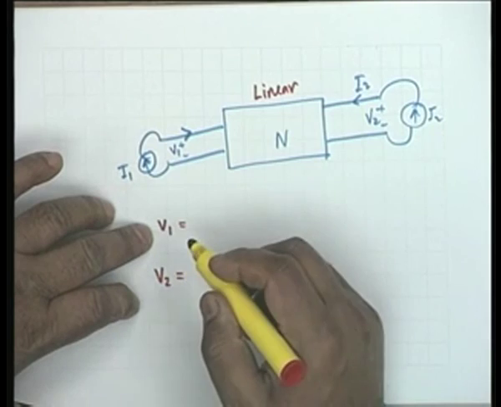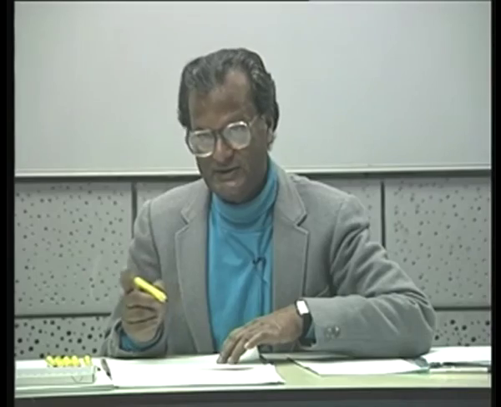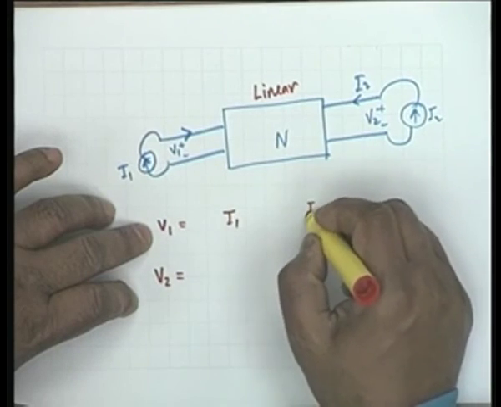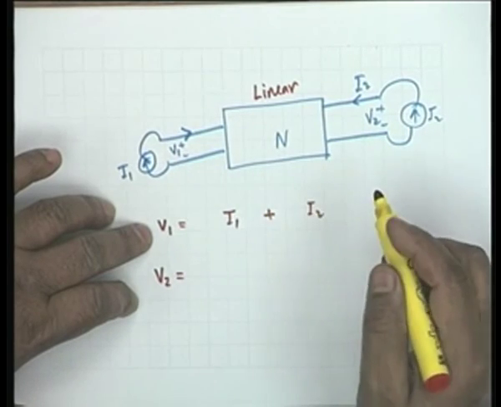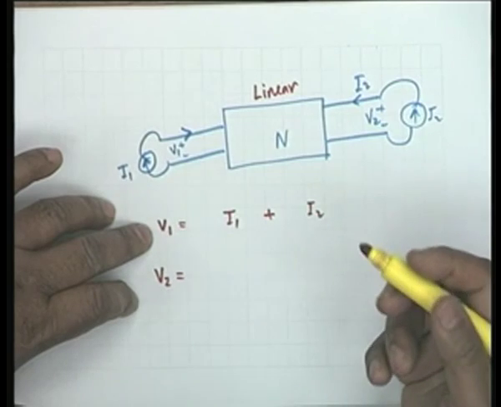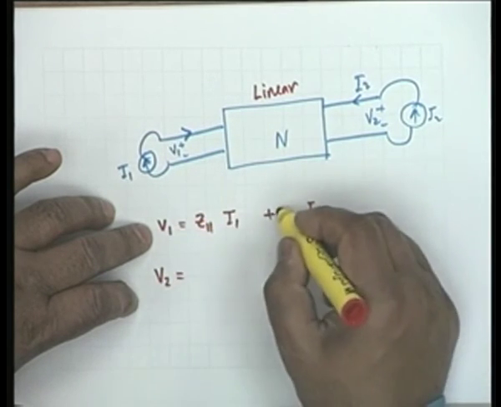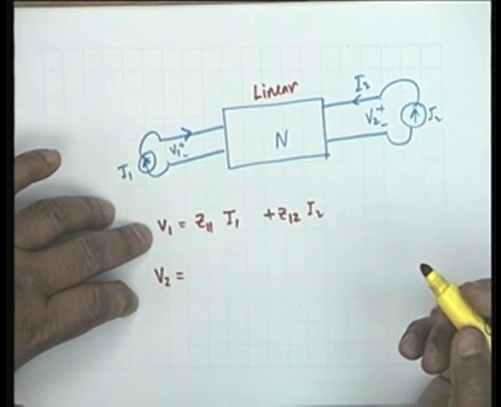In other words, V1 shall be a linear combination of I1 and I2, and therefore the coefficients we can say K1, K2, F1, F2, whatever constants, but the usual nomenclature is Z11, Z12.